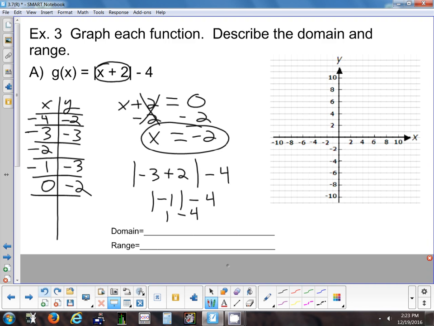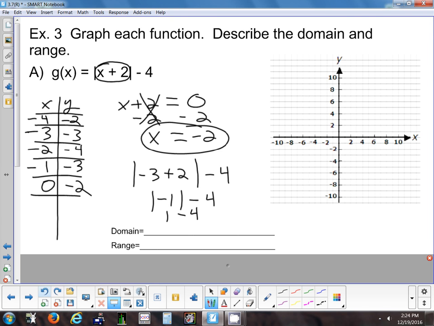Okay, I only need one more value I need to find. What's -2 plus 2? 0. Absolute value of 0. 0. But what about when you take away 4? -4. So let's graph that and see where the V shape is. This one's going to move in a couple directions at the same time.